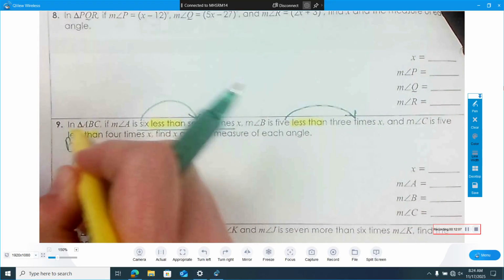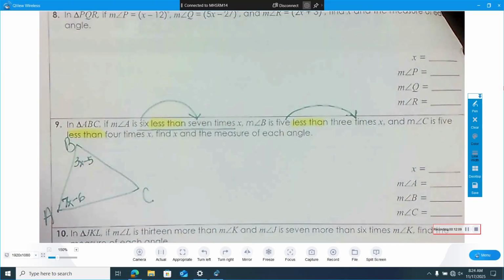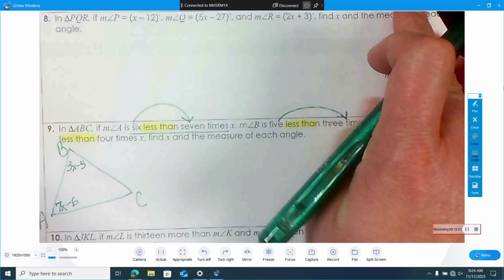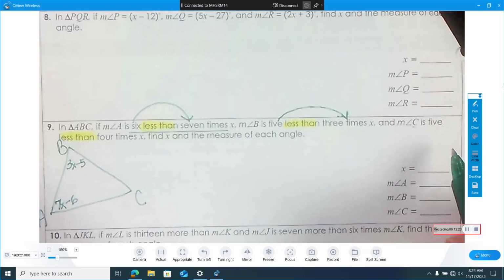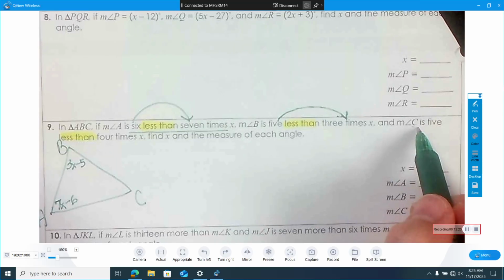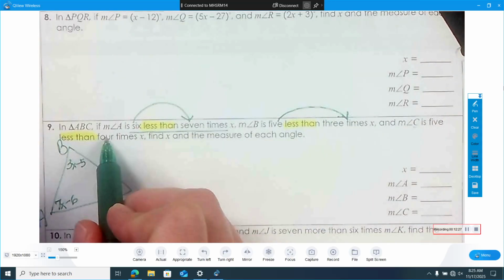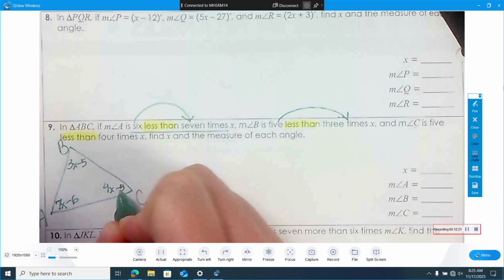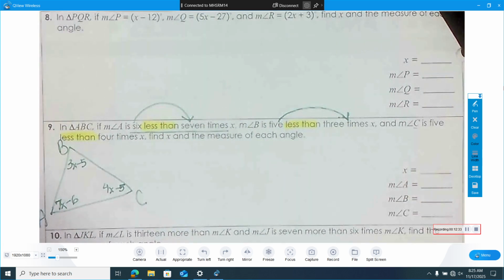So again, all that less than phrasing. Also subtracted from is another turnaround phrase, because again, you have to have something to subtract from. Something else needs to be in front. What should we write for the measure of angle C? Yeah, 4x, and then 5 less than, so minus 5.